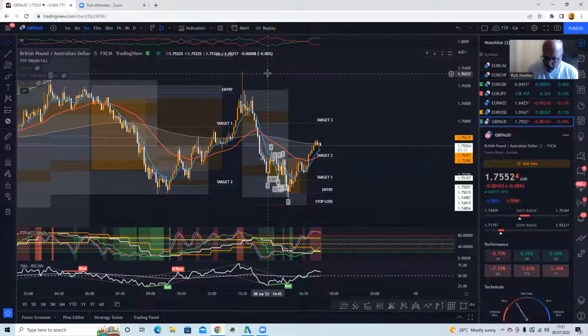What was the highest point I got in at on that? 1.6294. So that level there was the highest sell position that I put in. Plus I'd already got a couple here.